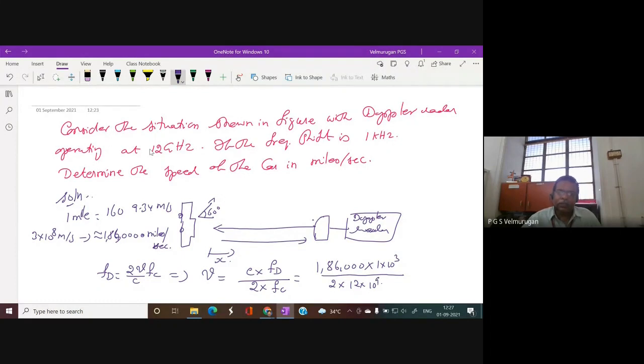So since it is gigahertz, you have to take it as 10⁹. இதில் எவ்வளோ வருதுன்னு பாருங்க பார்க்கலாம். இதோட ஆன்சர் என்ன போகிறது? And then after that, we will convert into miles per hour.